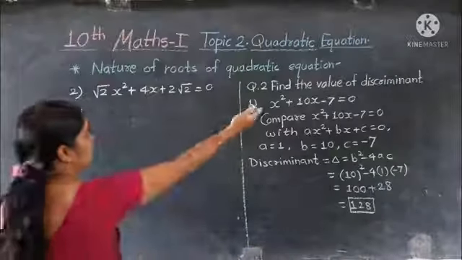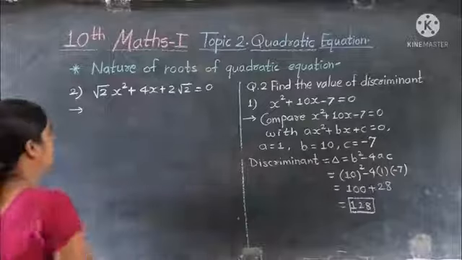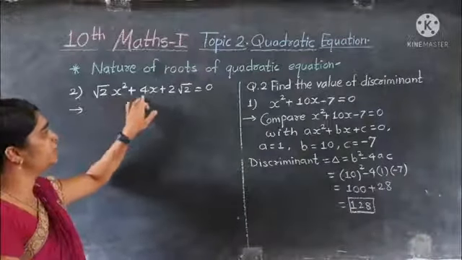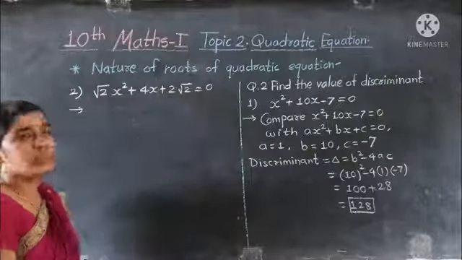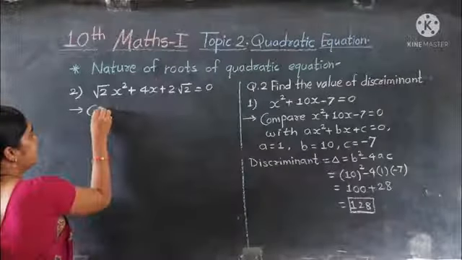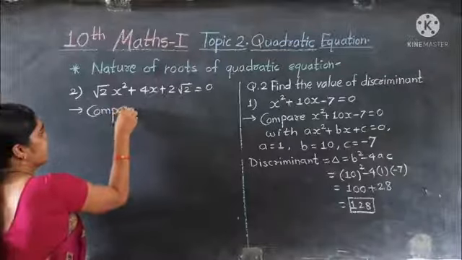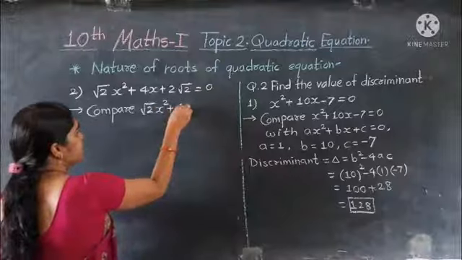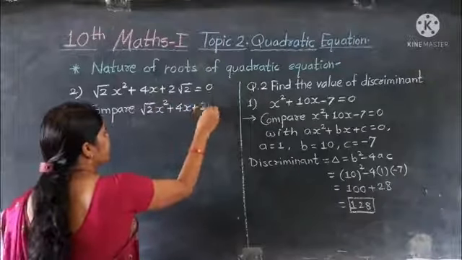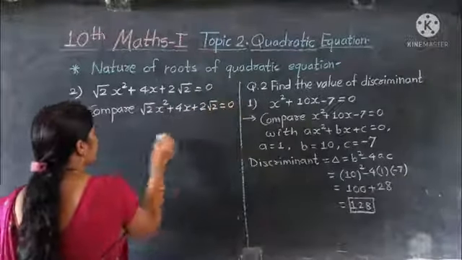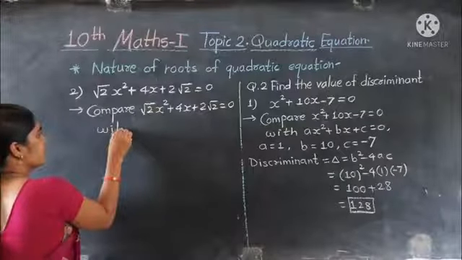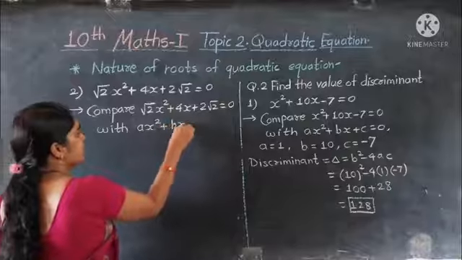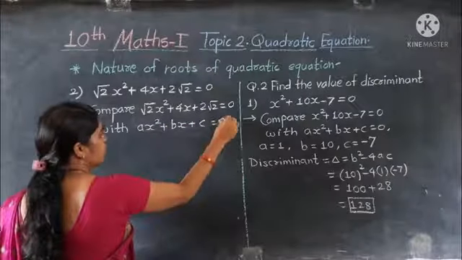See one more example of finding the value of the discriminant. Here, what is the example? Root 2 x square plus 4x plus 2 root 2 is equal to 0. We compare this equation with ax square plus bx plus c is equal to 0.